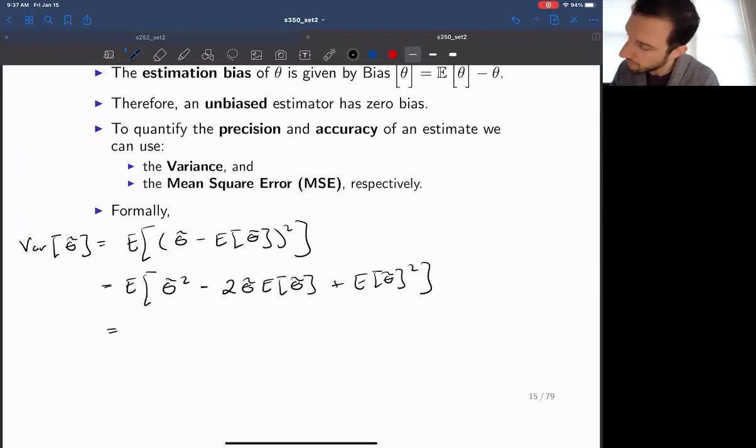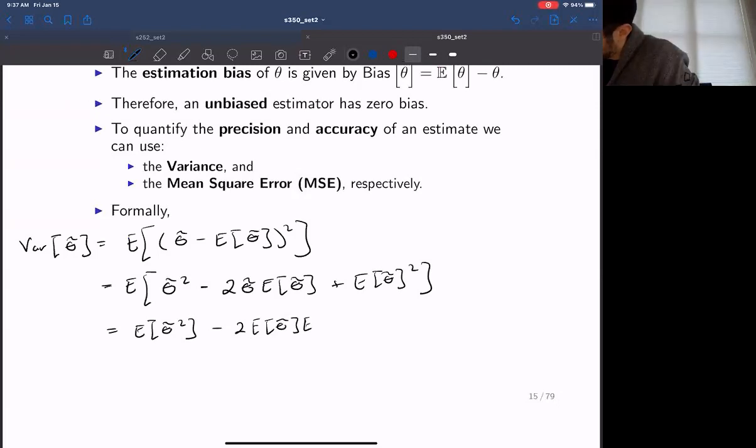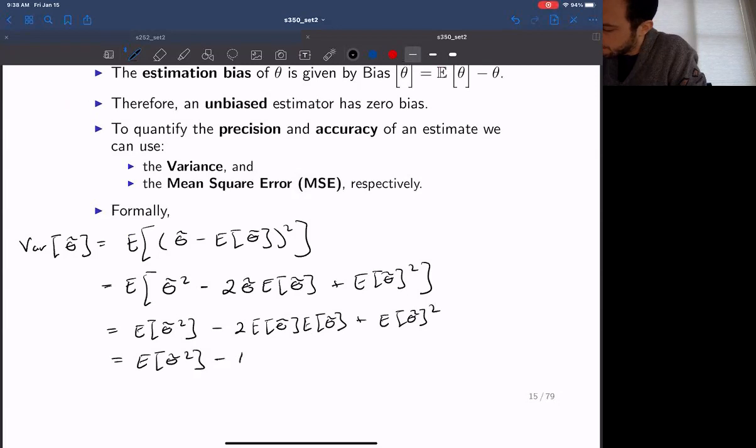And then this is going to be equal to the expected value of theta tilde squared minus 2 times the expected value of theta tilde times the expected value of theta tilde plus the expected value of theta tilde squared, which becomes the expected value of theta tilde squared minus the expected value of theta tilde all squared. And that might be another formula that you're familiar with, sort of like the random variable notation of the computing formula for the variance.